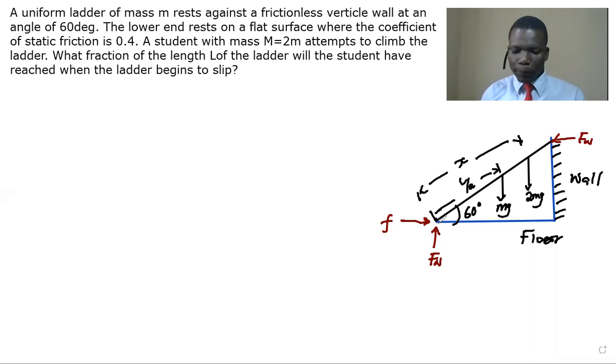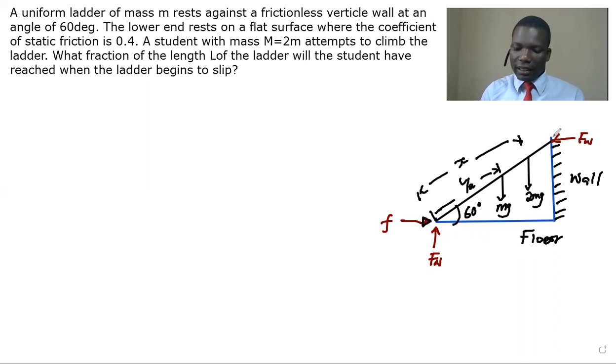We have the normal force at the foot of the ladder, and we also have the friction force, which points in this direction because it is preventing the ladder from sliding.